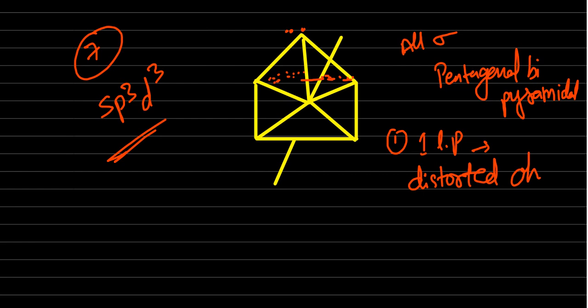Now the main question: how to count this total 7, total 5? How? So I will take a few examples. CCl4 is there. How many bonds are there?